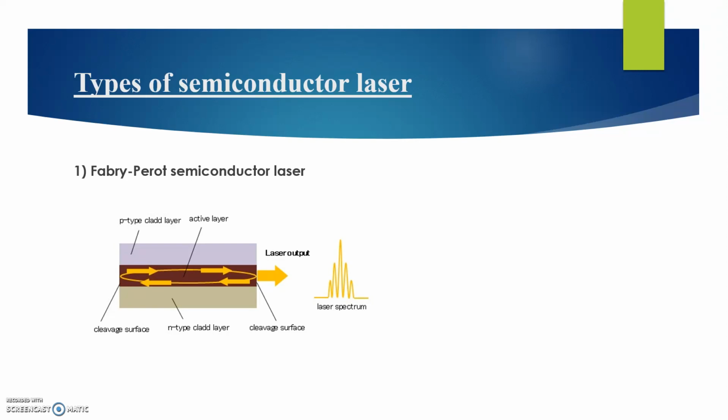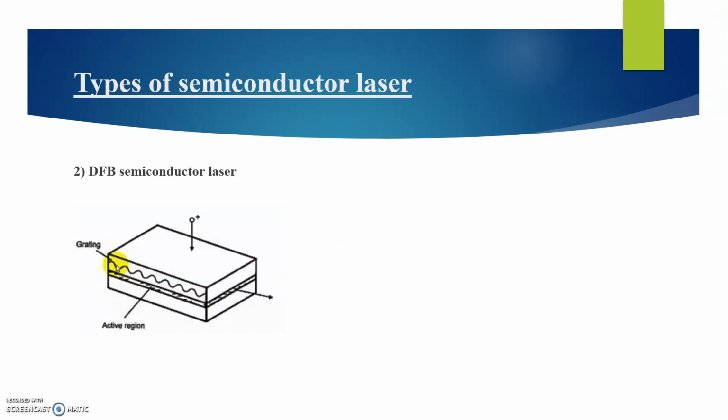The oscillation at multiple wavelengths causes pulse broadening in an optical fiber transmission and therefore it cannot be applied for long distance communications. So next type is the DFB semiconductor lasers.